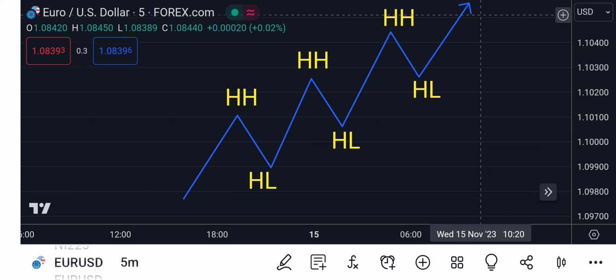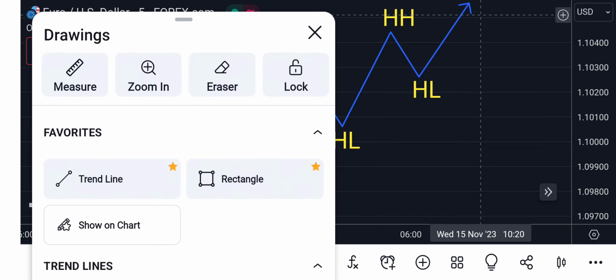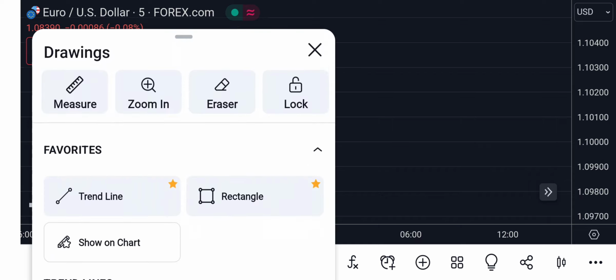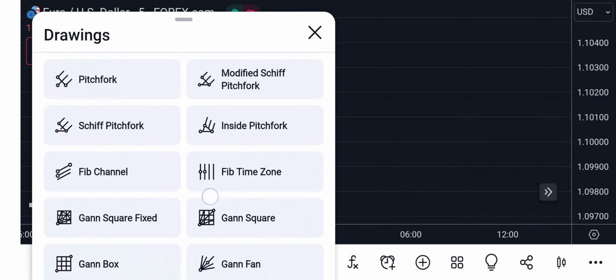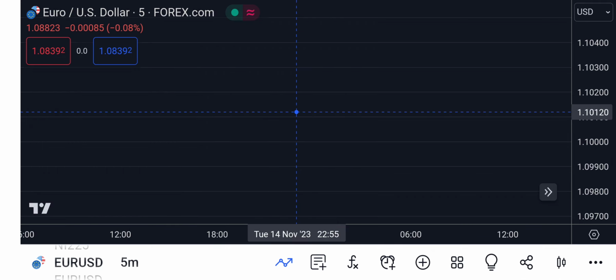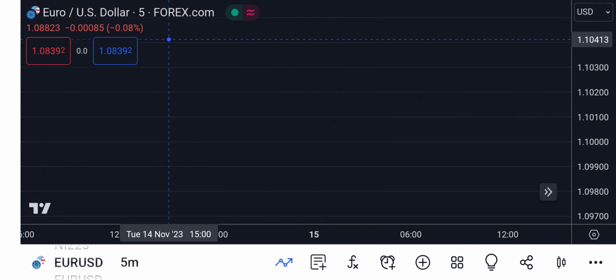So now I'm going to draw a bearish market structure trend. It looks something like this.